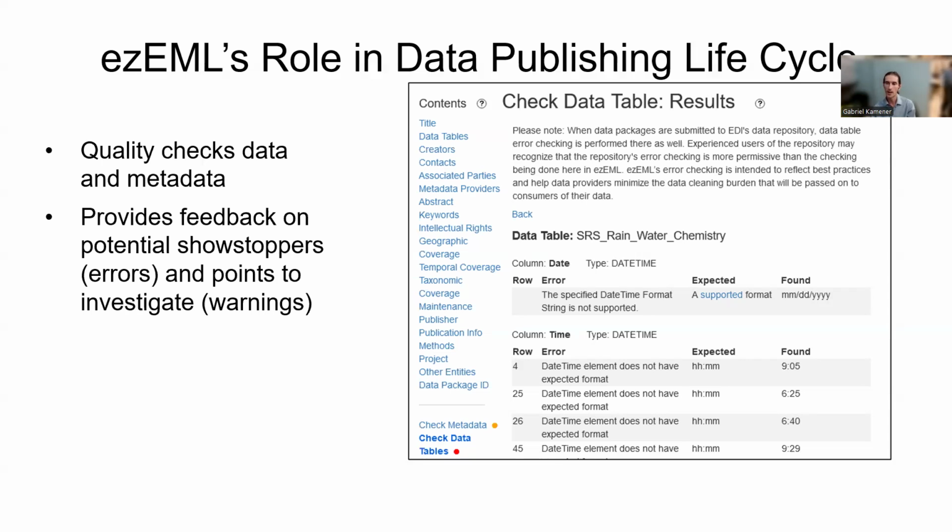Just as an example, on this slide, the data file had an issue with the formatting of the date time. It was not formatted as it was defined in the metadata. Same issue, so both the dates had an issue and the time had an issue. And so it reports those as errors and lists which rows and which tables they're in.